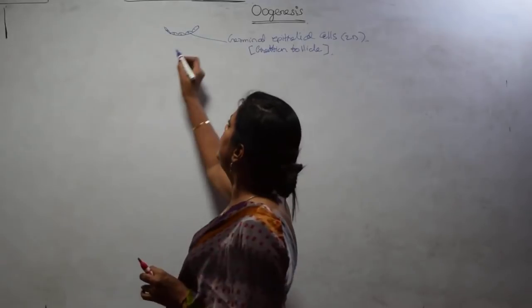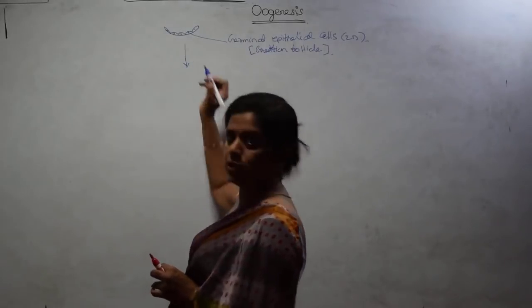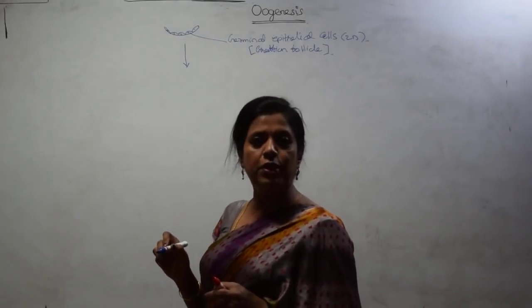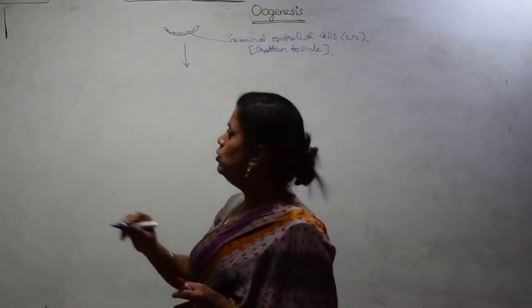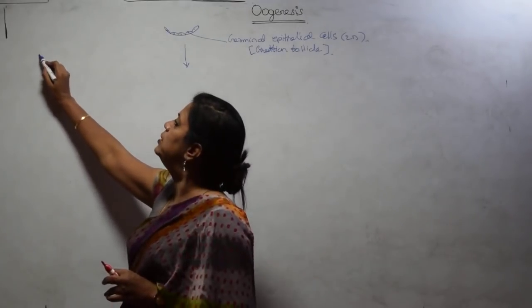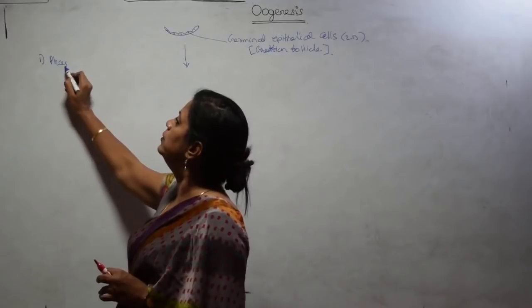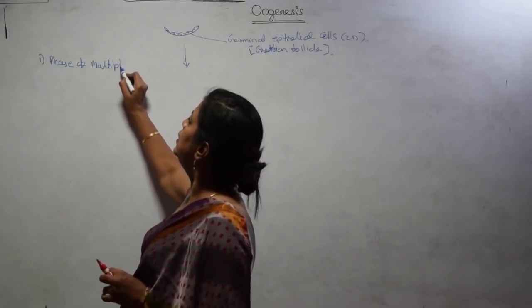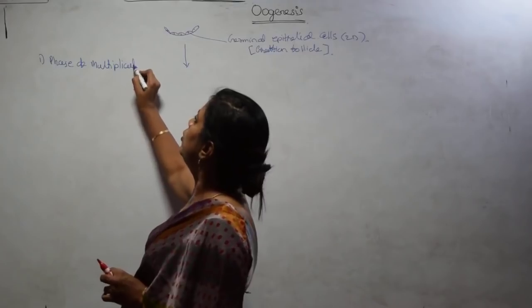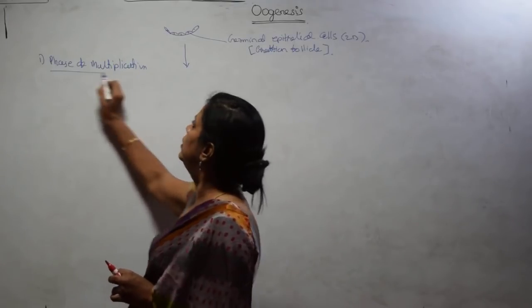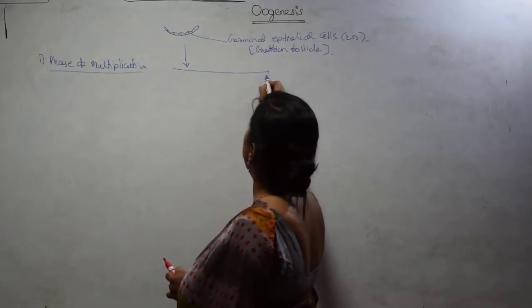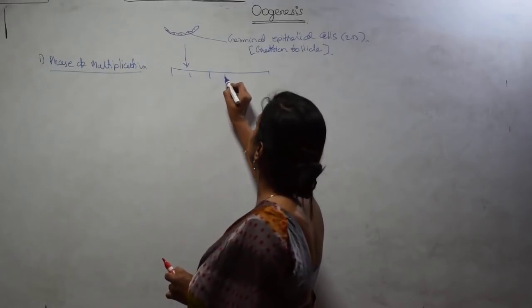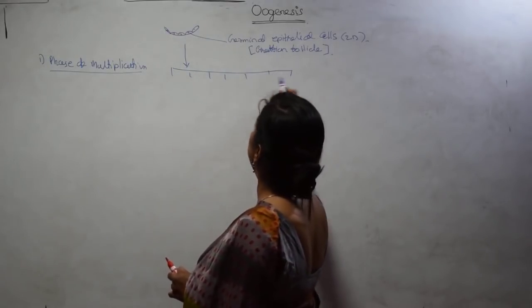The first stage, as you already learnt in spermatogenesis, is a phase of multiplication. So the first stage I am writing is the phase of multiplication. This is repeated mitotic division. I hope you know it. So from each cell you will get a number of diploid cells.